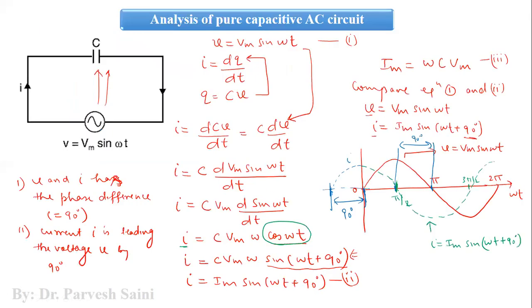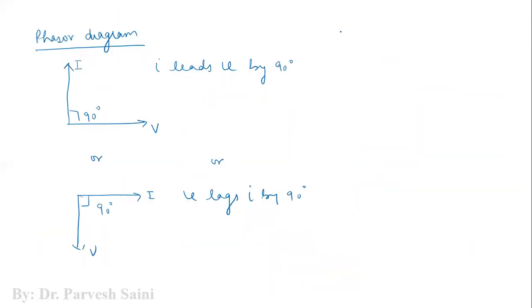So now let us take this equation number 3. From equation 3, we have Im is equal to omega C Vm. We can also write it like this: Im is equal to Vm by 1 upon omega C. Now what is this?